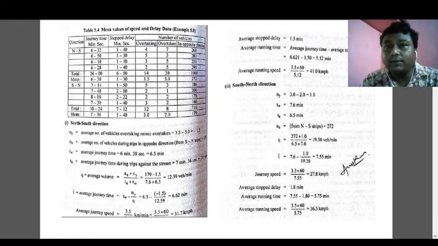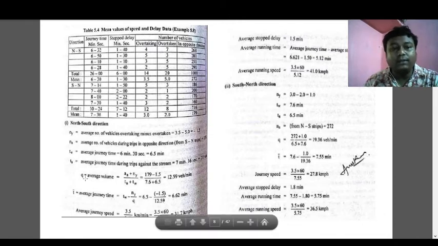You have to convert the 30 seconds into minutes. One minute means 60 seconds, so you have to calculate how many minutes 30 seconds is, and from that you can find the value of 7.5 minutes. Now we will find the Q.